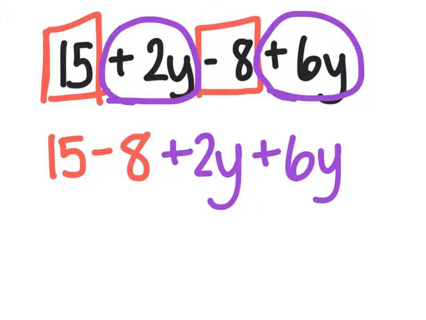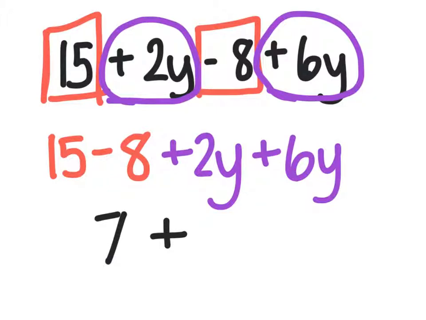So I know some of you think, oh, I'm good at that. If you're not getting them correct all the time, then this would be a really good step for you. So 15 minus 8 is 7. Plus, I'm going to leave that sign the same there. So notice how it was a plus here, so it's going to be a plus there.